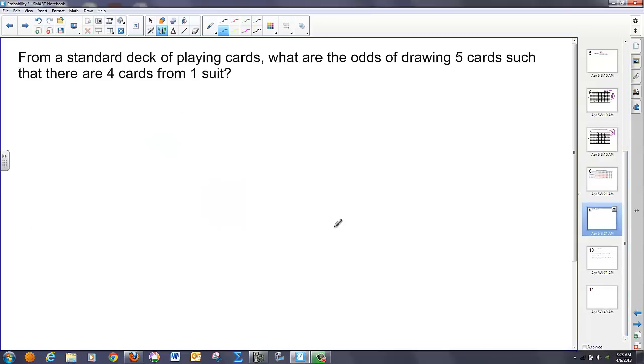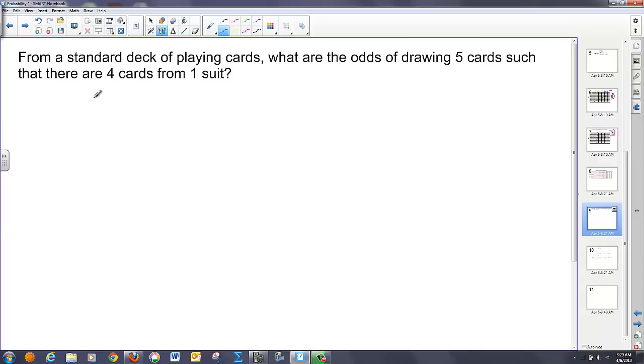So we're talking about a standard deck of playing cards, which is 52 cards. And we want to know what the odds are of drawing 5 cards such that there are 4 cards from one suit and obviously 1 card from another suit. So this is, again, a grouping style problem. All right. And what we need to do is decide exactly what type of cards we're picking, what kind of things we're choosing, or what our different groups are.